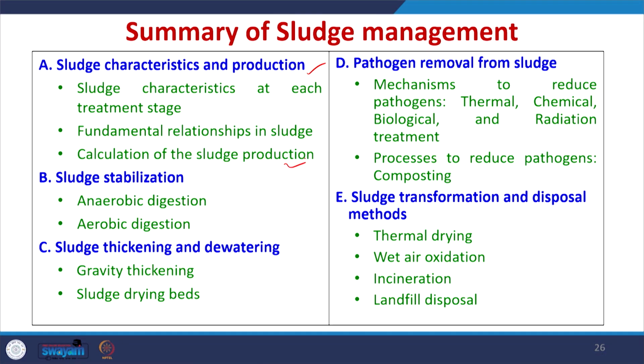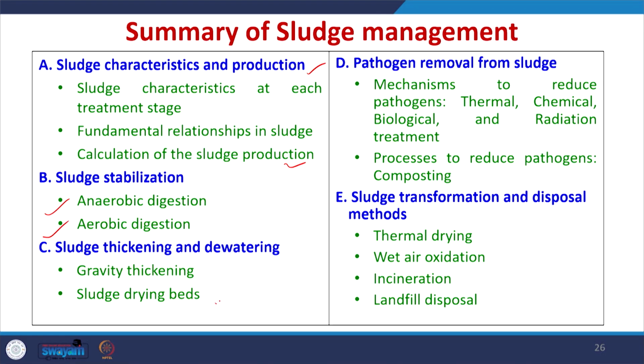In the second section, we studied sludge stabilization via anaerobic and aerobic means. Both of the systems we studied in detail. In the third section, we studied sludge thickening and dewatering, which is very important for easy transportation and further uses if any, using gravity thickening and sludge drying beds.